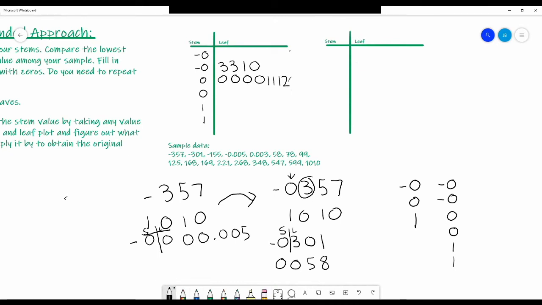A second 2 for 268, yeah. A 3 for 348. And then our next number, 547, would be in our second 0 bracket as a 5. And then 599 as well. And then we're at our maximum number, 1010. 1010, the leaf would be 0, and the stem is 1.